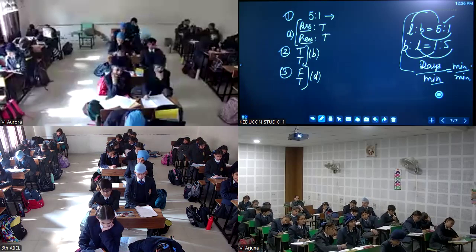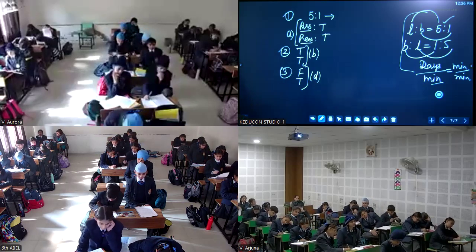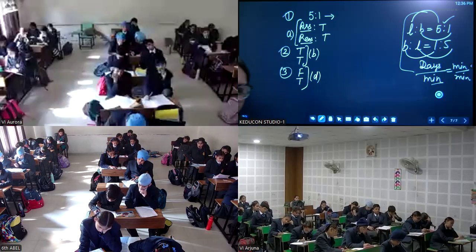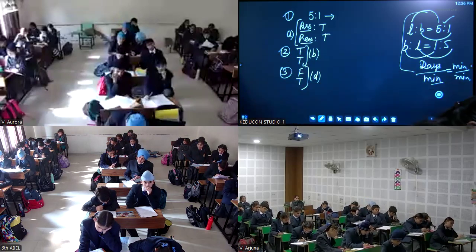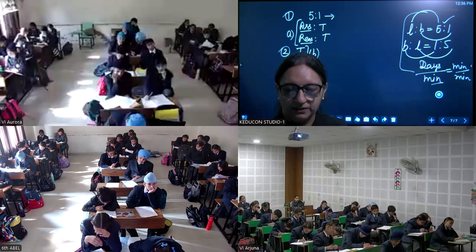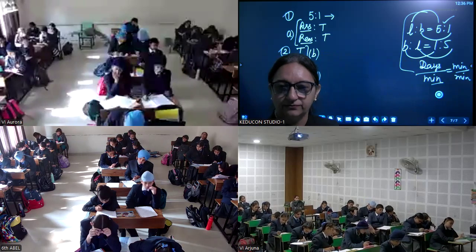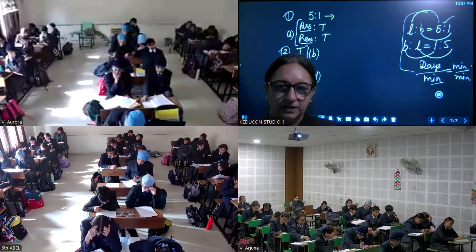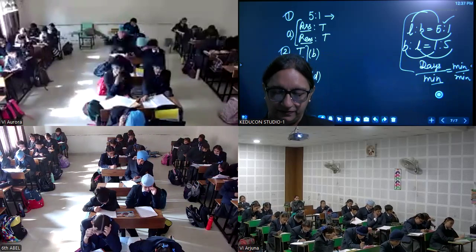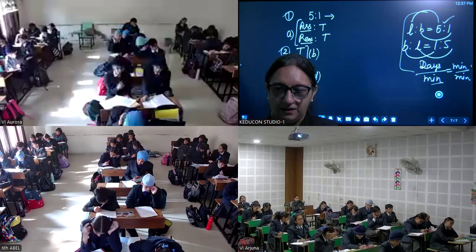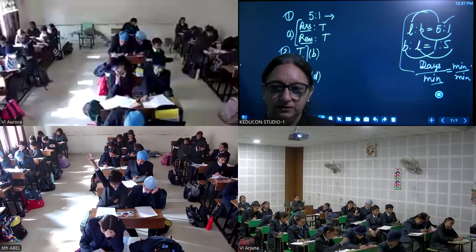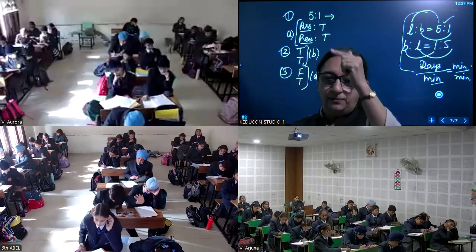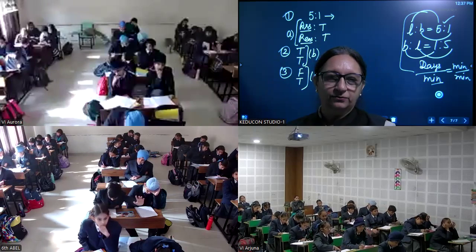Okay. Next one: 4 quantities are said to be in proportion. I gave you an example of proportion also. Whenever we talk about 4 quantities at a time, 4 quantities are said to be in proportion if the ratio of the first and the second is equal to the ratio of the third and the fourth. Just now I told you, if we write 4 numbers are in proportion, it means first upon second is equal to third upon fourth.